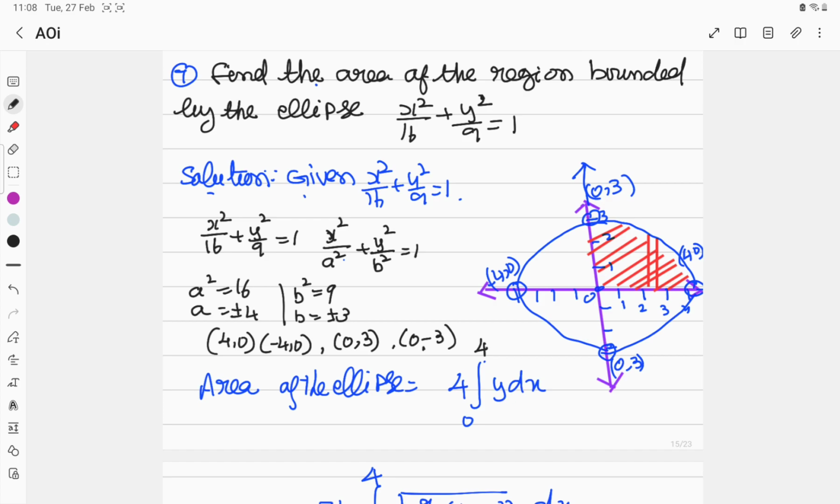Area of the ellipse is equal to 4 into the integral y dx, this part, O, A, B, O. So 4 into area OABO.